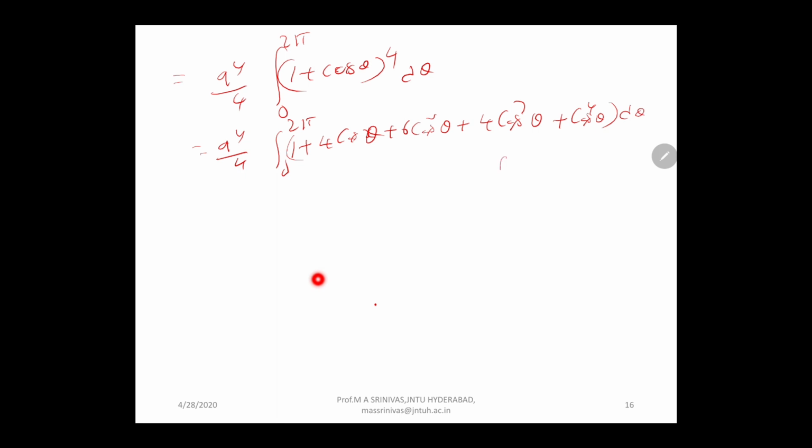Even from the intermediate level itself, you know that the integral from 0 to 2 pi of sin theta power n into cos theta power m d theta is equal to 4 times the integral from 0 to pi by 2, only when m and n are even, otherwise 0.